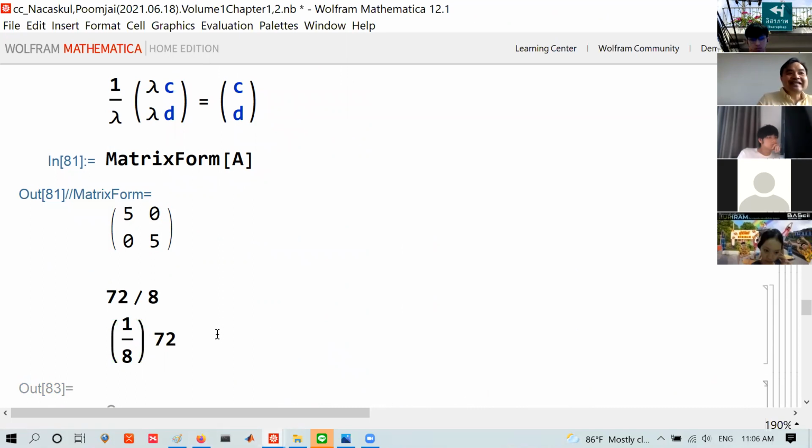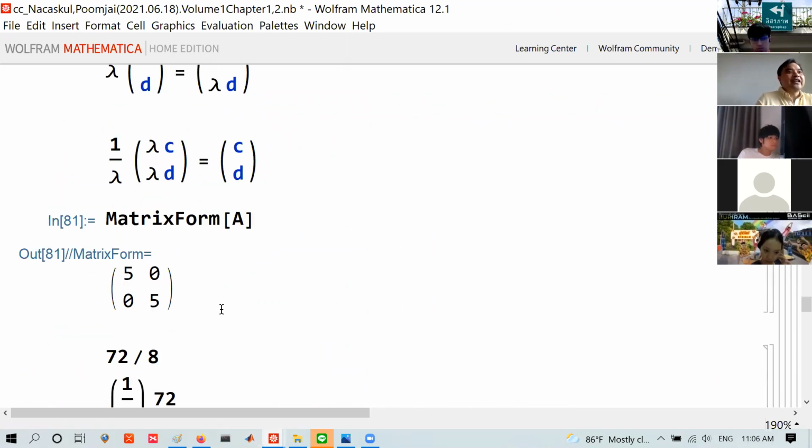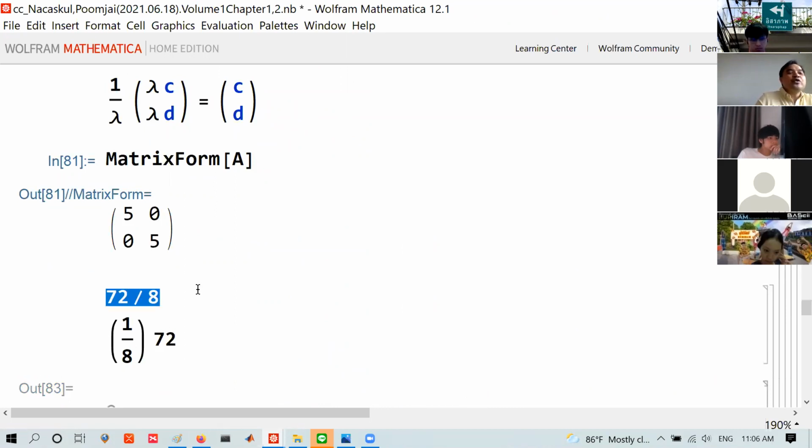So this is exactly what we just did here. If I'm not allowed to do division, I change it into multiplication of something. That something happened to be the undoing of the first number. If you're multiplying by 8, the opposite of that is to divide by 8.